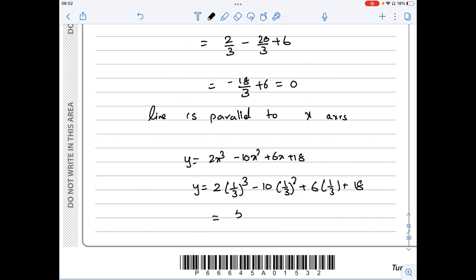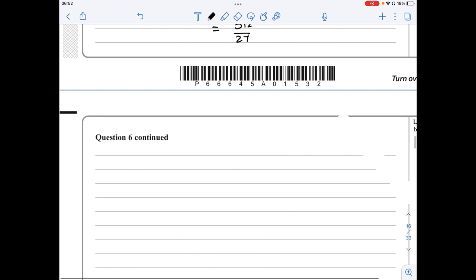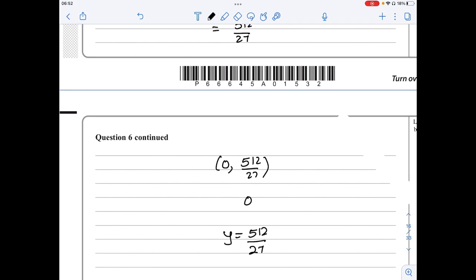Simplify this, you should get 512 upon 27. As the gradient is 0, the equation of the straight line will be y equals 512 upon 27. That's going to be the equation of the tangent.